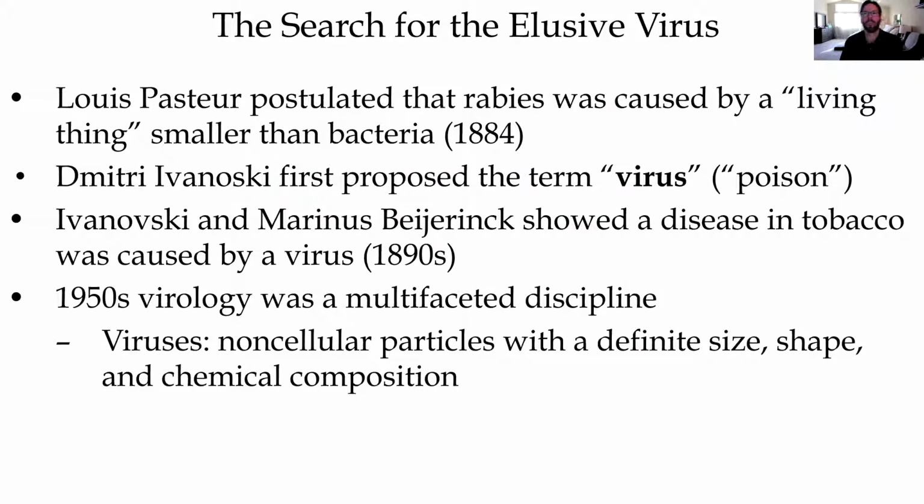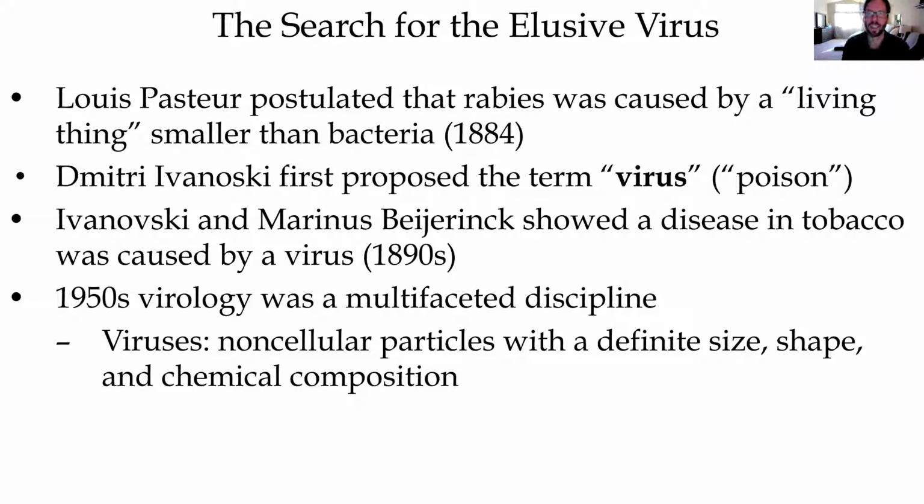Okay, viruses were really one of the last microbes to be discovered because they're so tiny. We can't see them, they're hard to grow. It dates back even to the days of Pasteur, who thought that rabies was caused by a living thing smaller than bacteria.